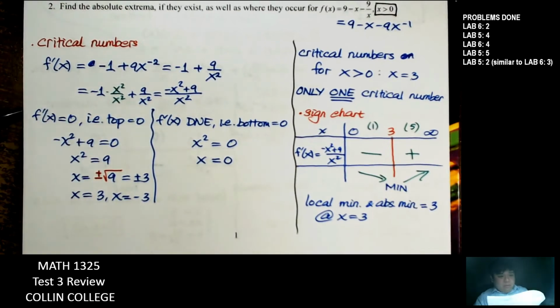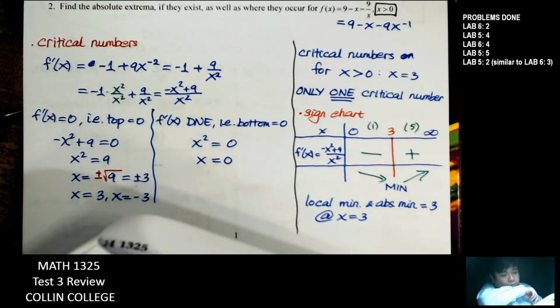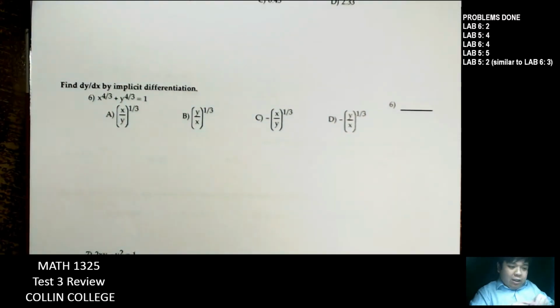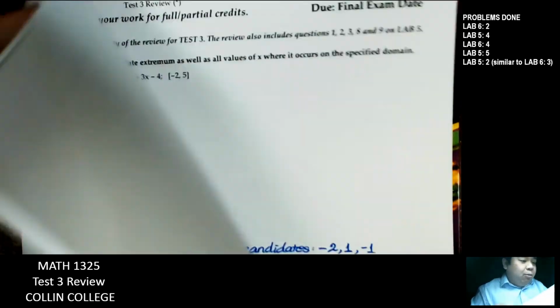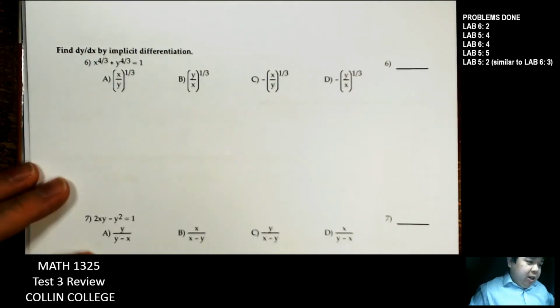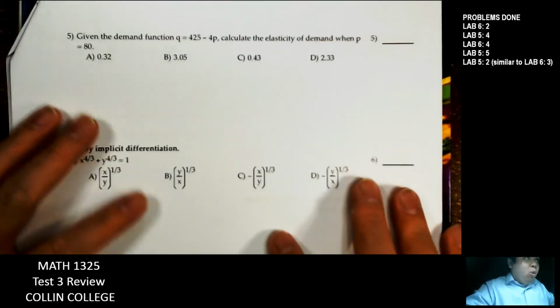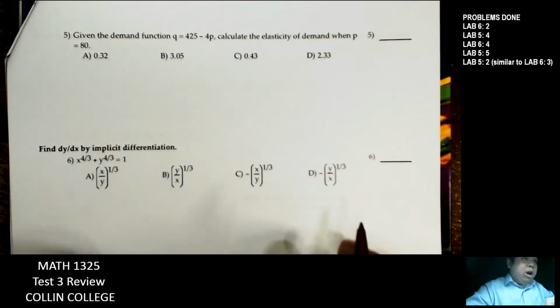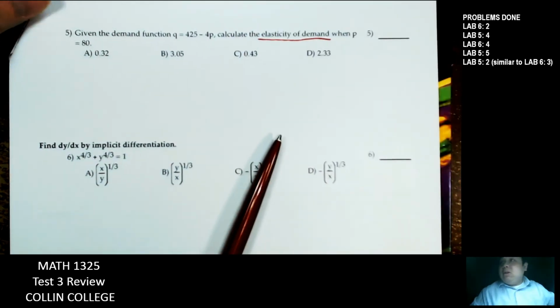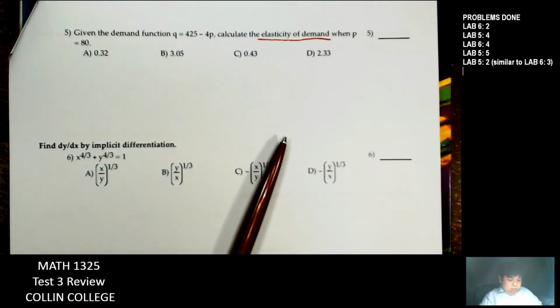It looks like we have all of lab 5 covered, so I'll just go to lab 6. I cannot do all of those, but some of it. At least on some questions, let's get you the formula and where to start.